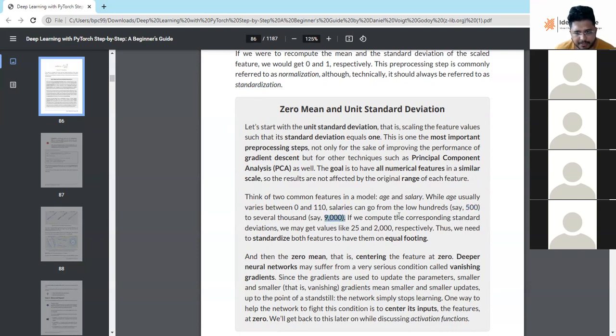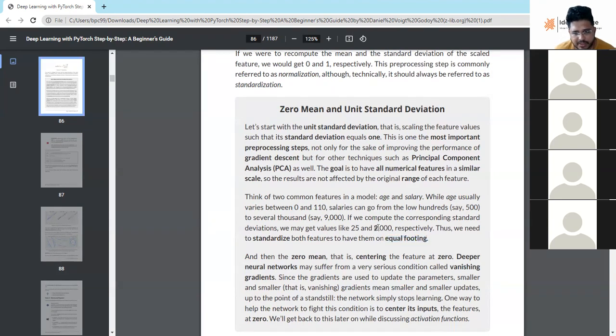If we compute the corresponding standard deviations, we may get values like 25 and 2000 respectively. That means for age, the standard deviation is 25, whereas for salary, the standard deviation is 2000. Thus we need to standardize both features to have an equal footing.